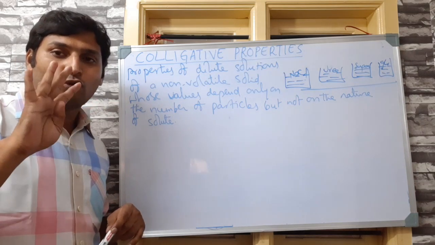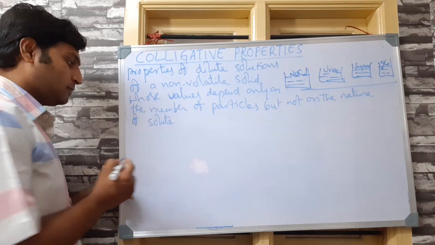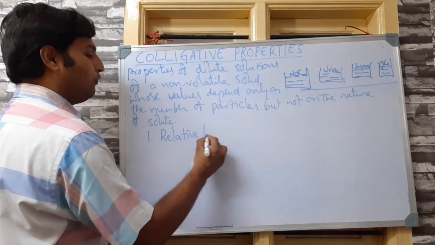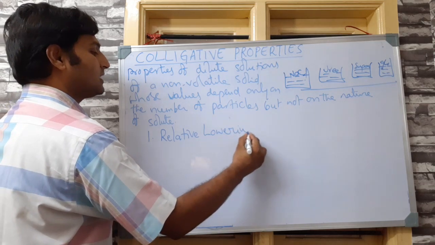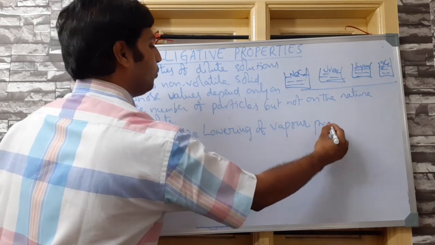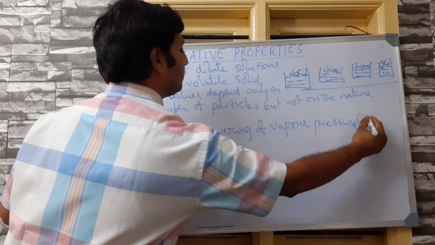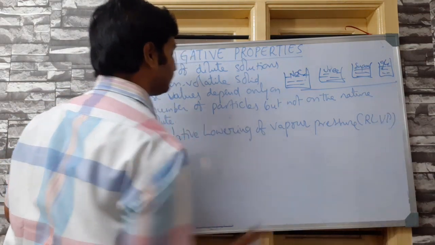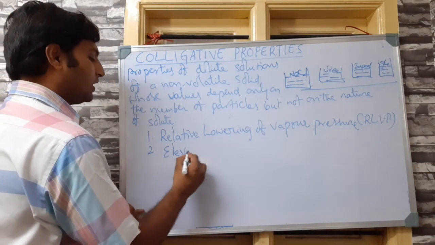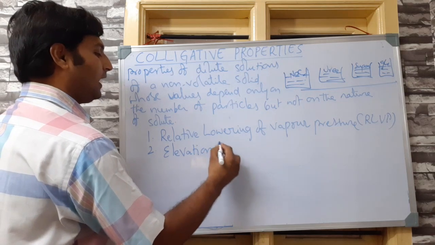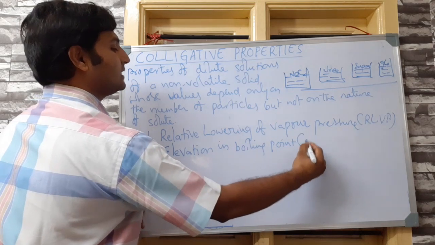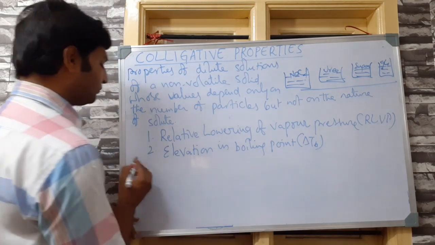We have got 4 colligative properties. One is relative lowering of vapor pressure, which I must have already introduced to you, often abbreviated as RLVP. Second one is elevation in boiling point, symbolized as delta Tb.